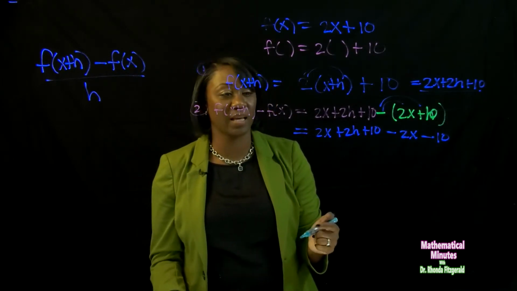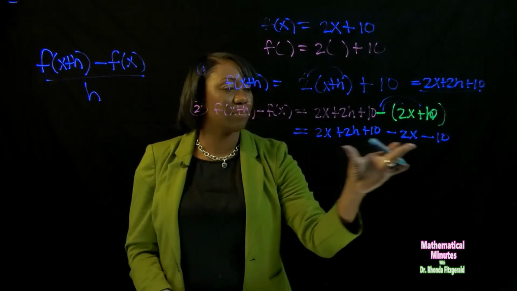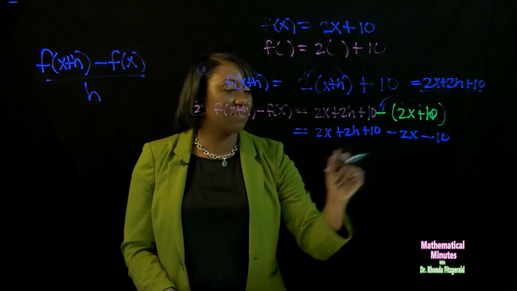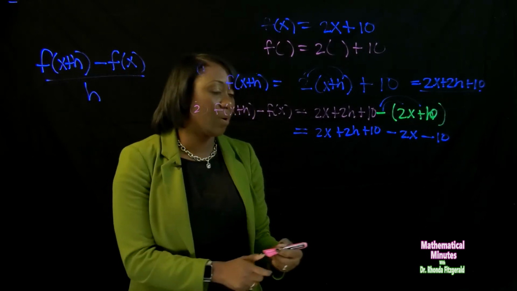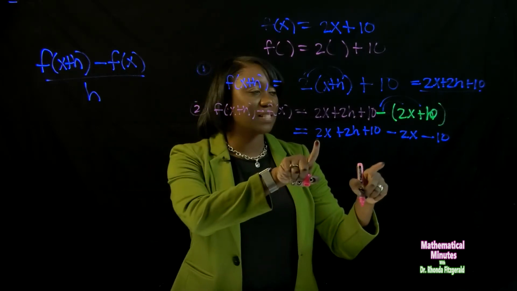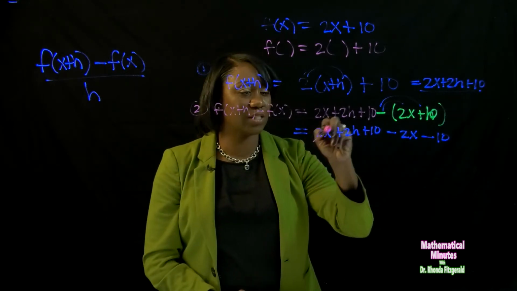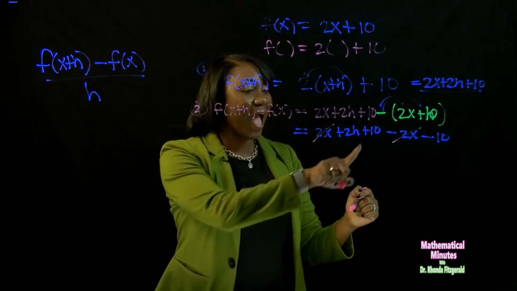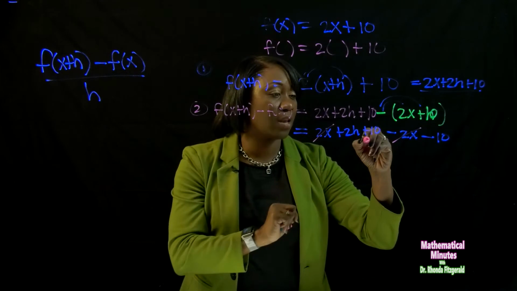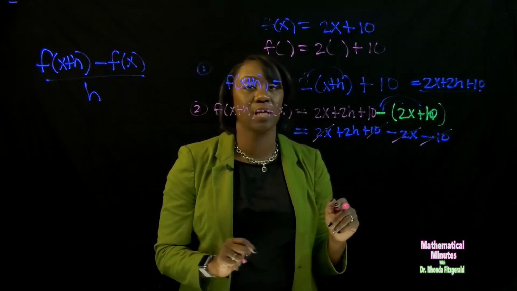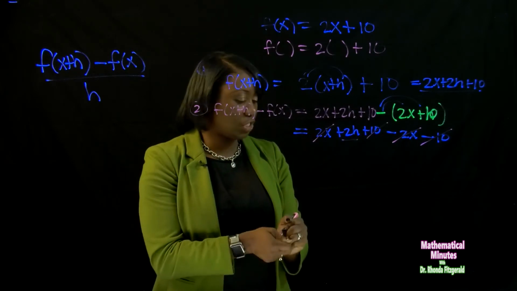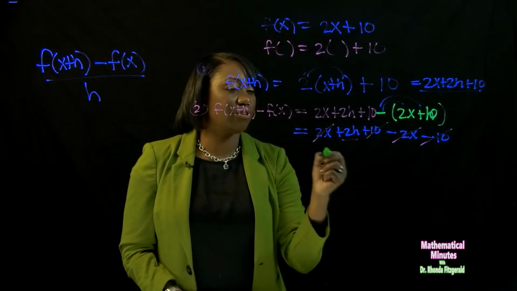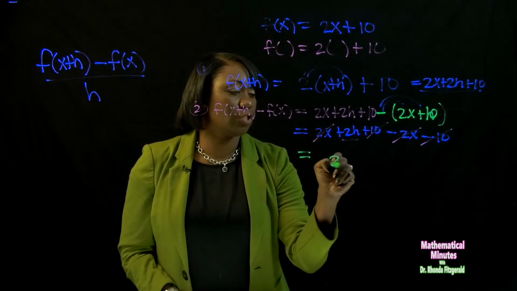Now let's simplify. So what happens here when I simplify? Please notice what cancels out. I have a positive 2x and a minus 2x, so my 2x term cancels. I have a positive 10 and a negative 10, so my 10 cancels out. I'm only left with the term 2h.